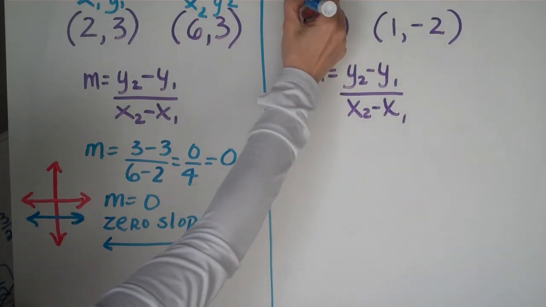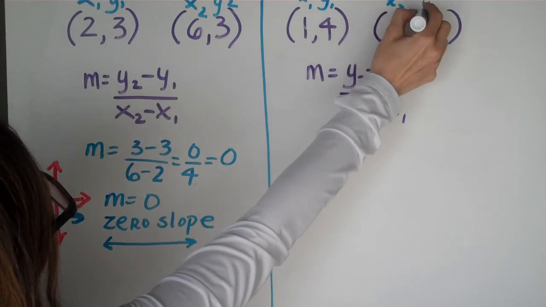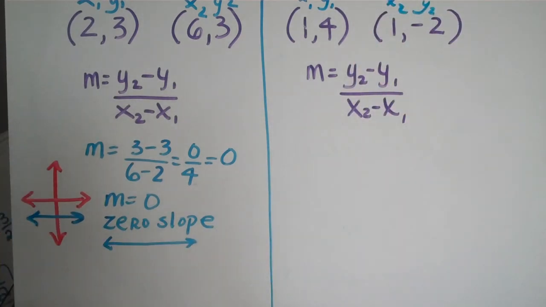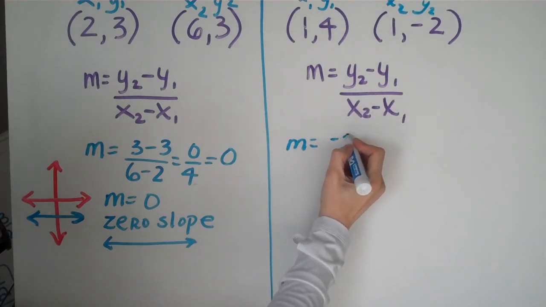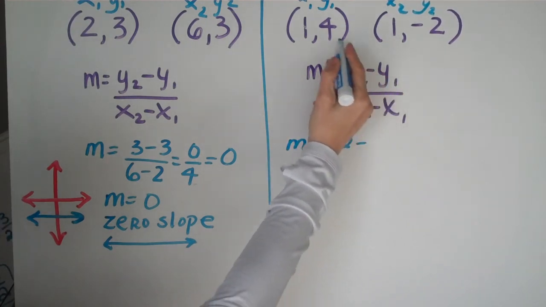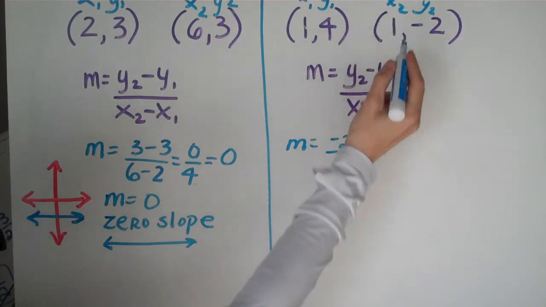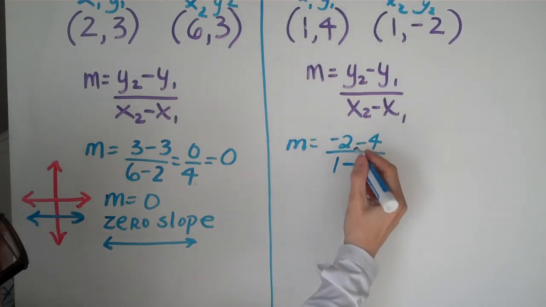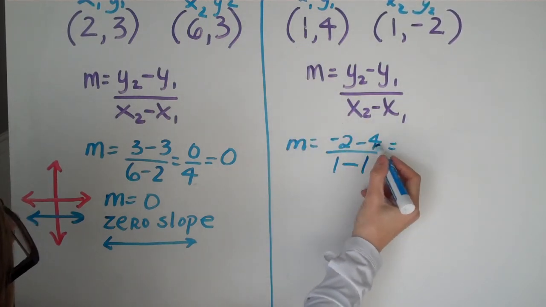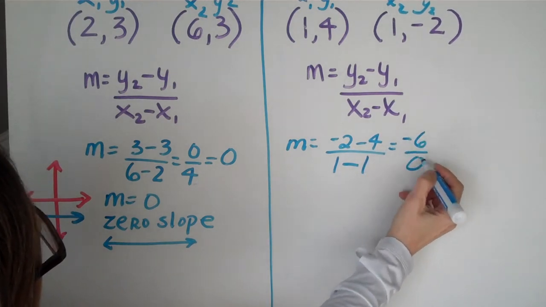Now, again, we're going to do the same thing. We're going to go x1, y1, x2, y2, and then we're going to substitute it in. m equals negative 2 minus y1, which is 4, over x2, which is 1, minus x1, which is 1. And up on top, we have negative 2 minus 4, which is negative 6 over 0.